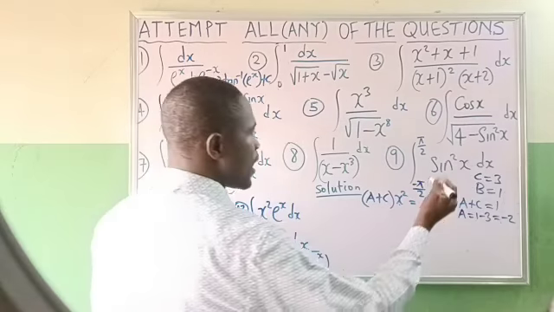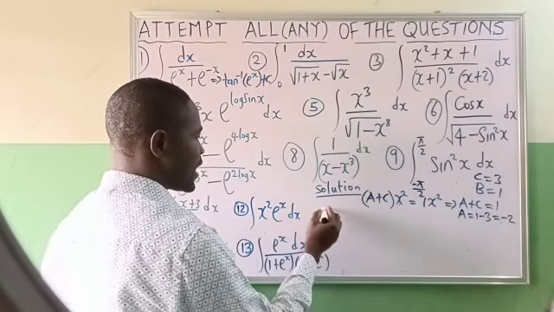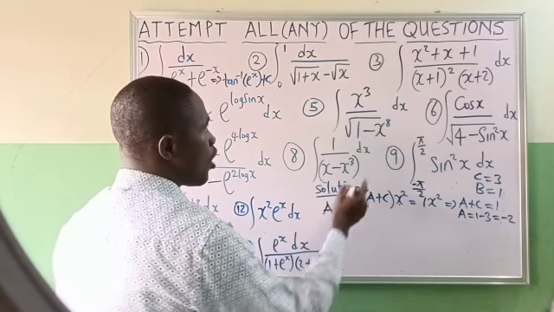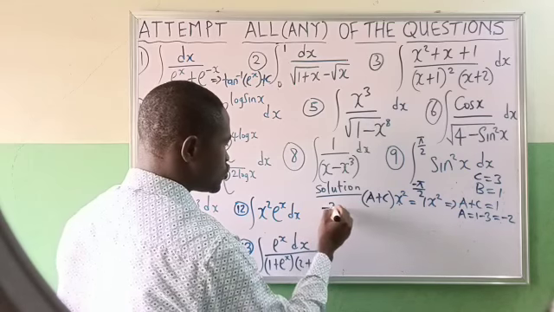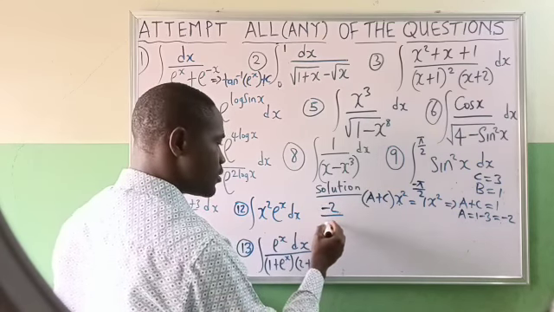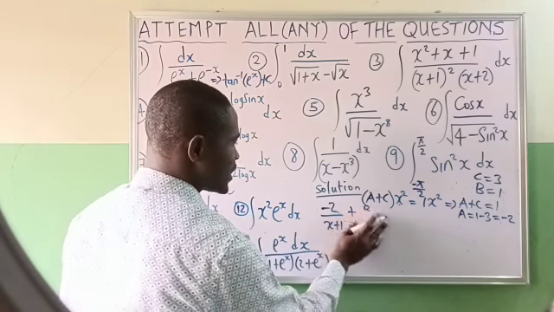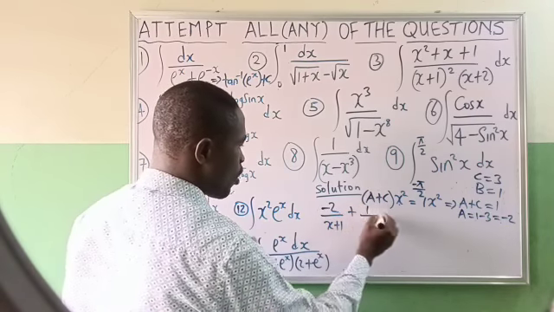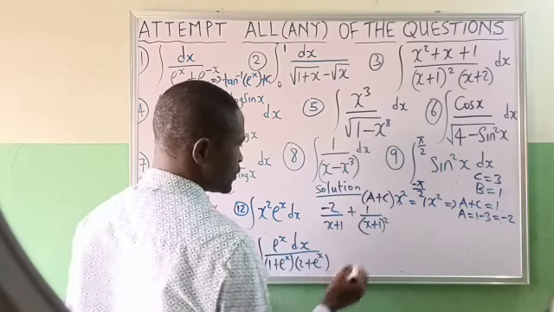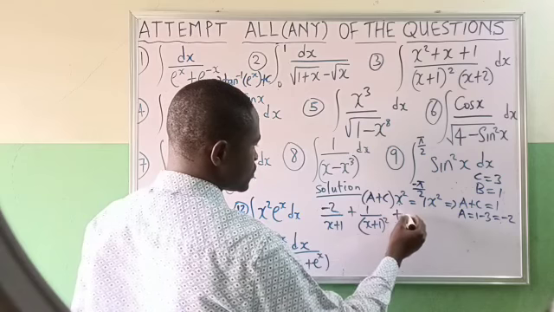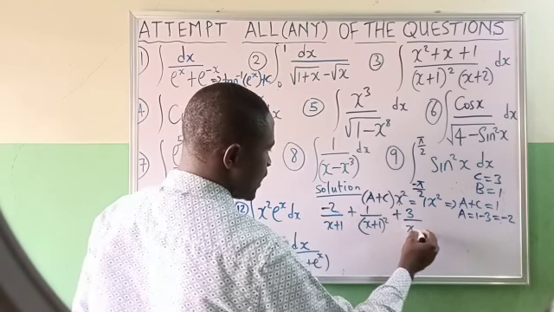Since we have gotten our a, our b, and our c, we come and put it in our general formula and say a all over x plus 1. What is our a? We say minus 2 all over x plus 1, plus b. What is our b? 1 all over x plus 1 all squared, plus c, 3 all over x plus 2.